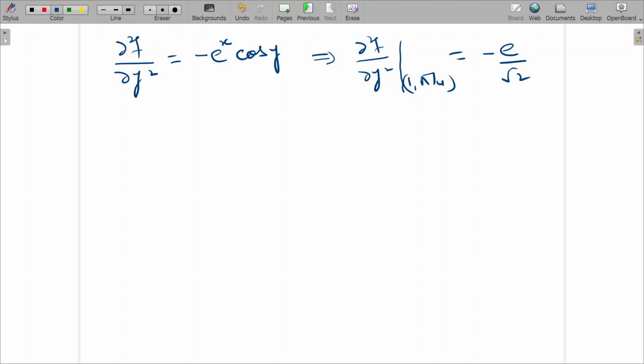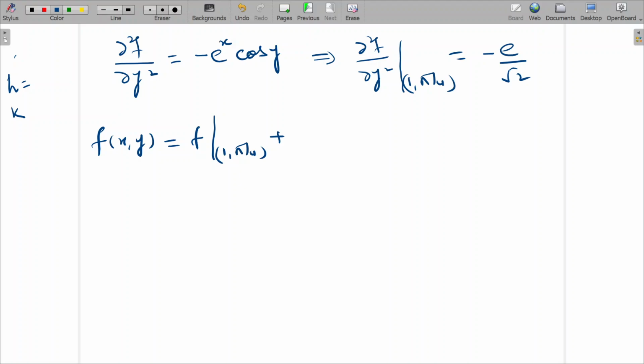Now what we will do, we will put all these values in the expansion, or you can say the Taylor's expansion, and we will get our required expansion. So this will be f(x, y), okay, we are getting the value of the function at this point plus, now the main important thing is what we will take as our value of h and k.